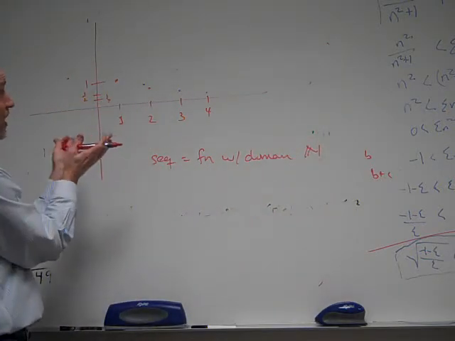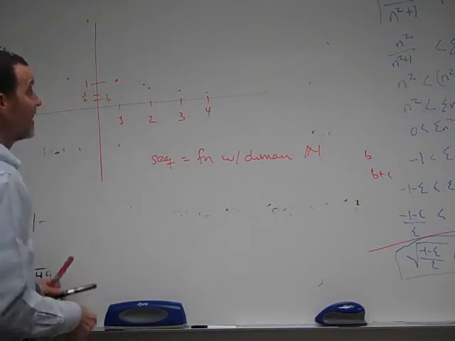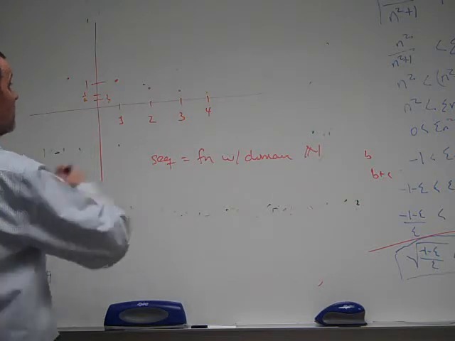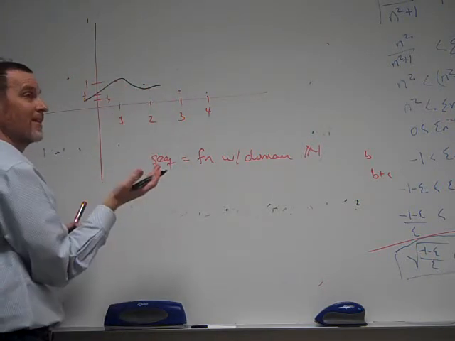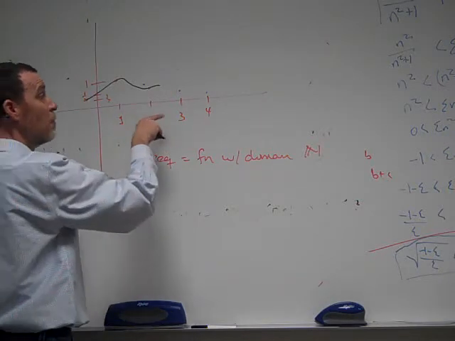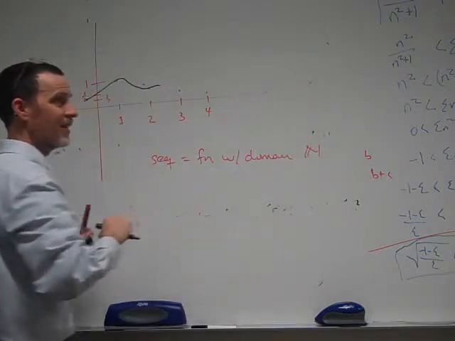So if I graph a sequence, all I get is a bunch of points. So can you come up with a function that goes through those points, agrees with that, but does not go to 0 as we go out to infinity?